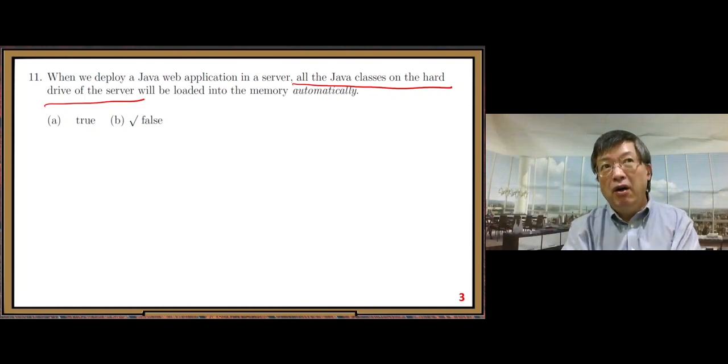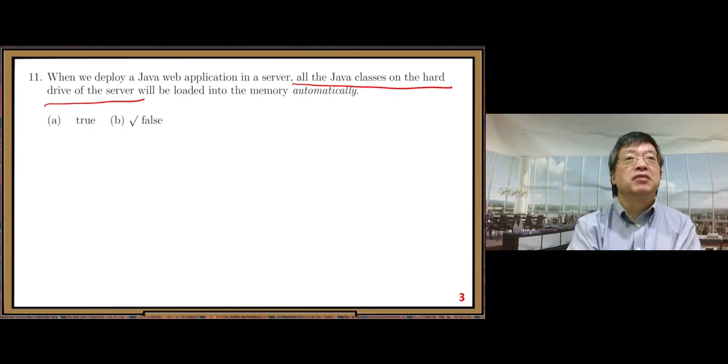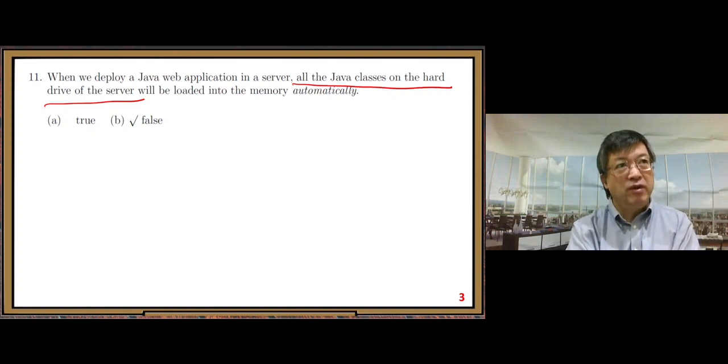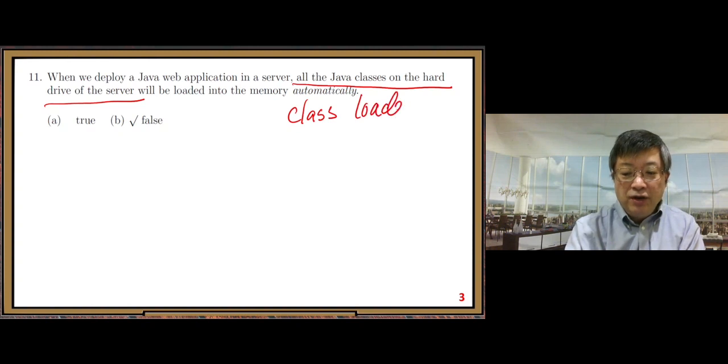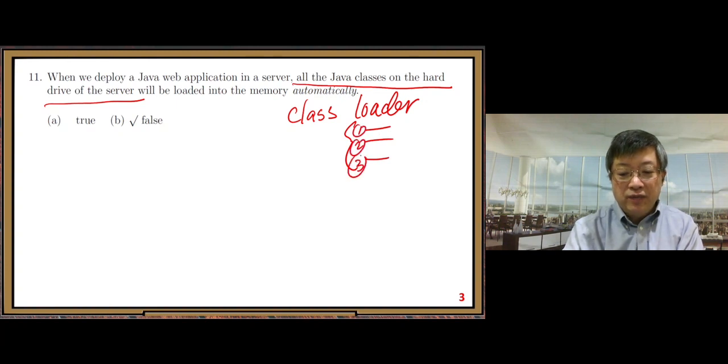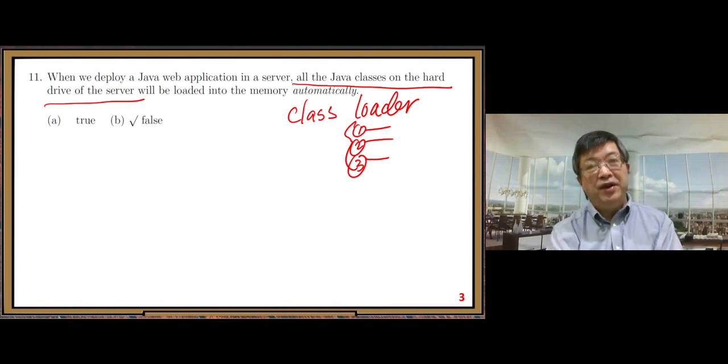Only in some very specific locations will the JVM, the server, load them. I talked about the class loader concept, in which there are 3 locations. Here, I do not specify them, so you can find them easily.